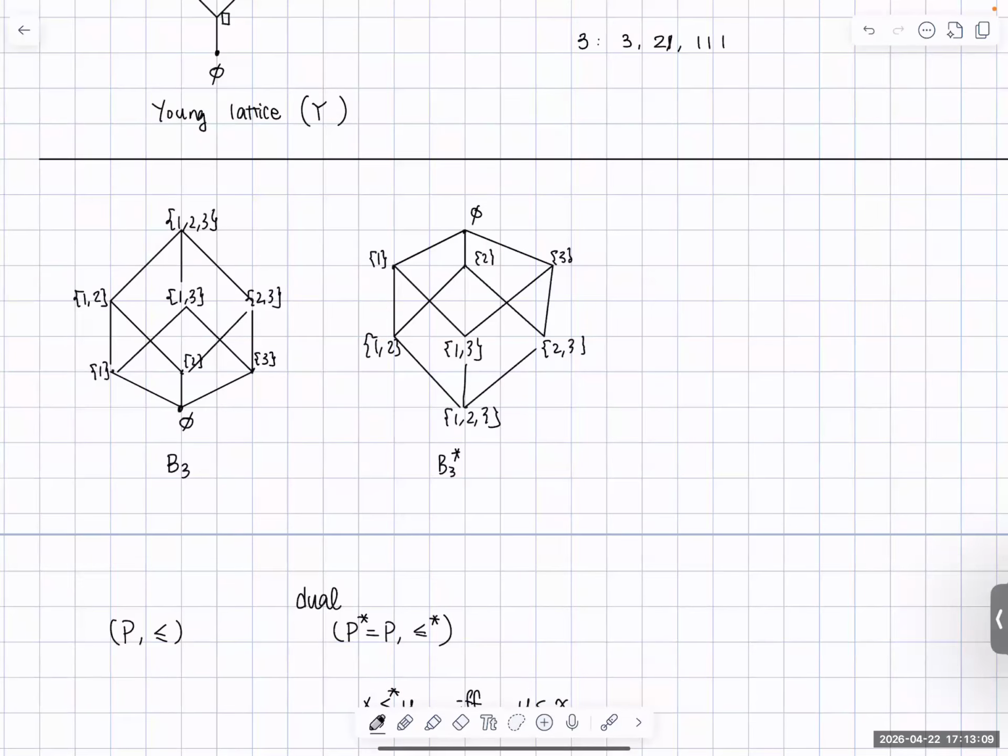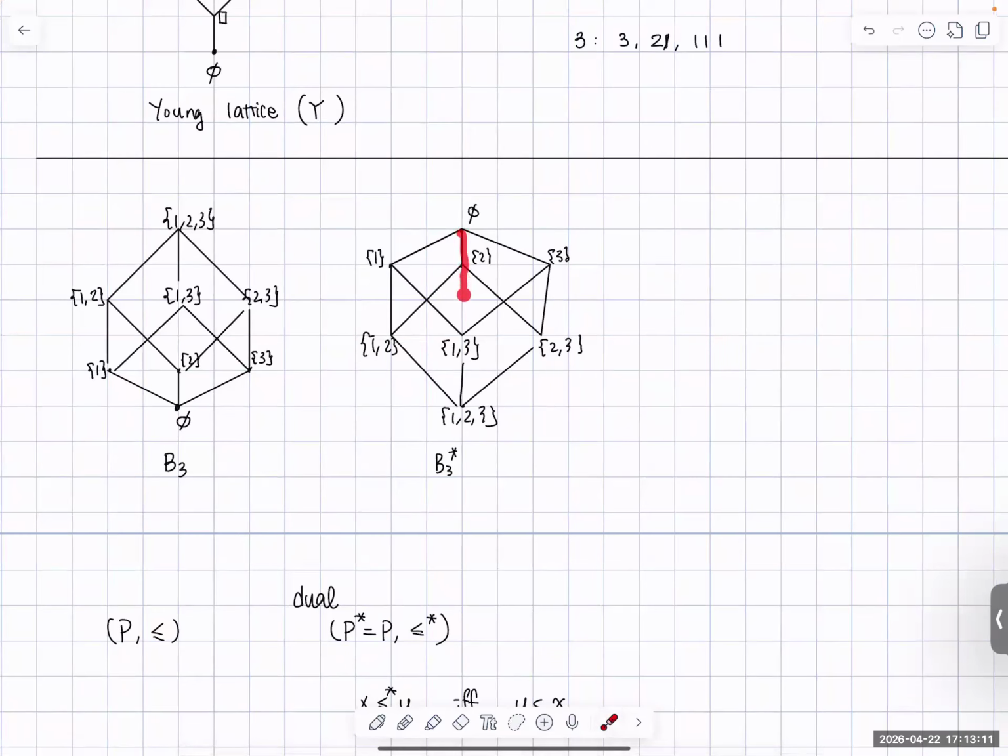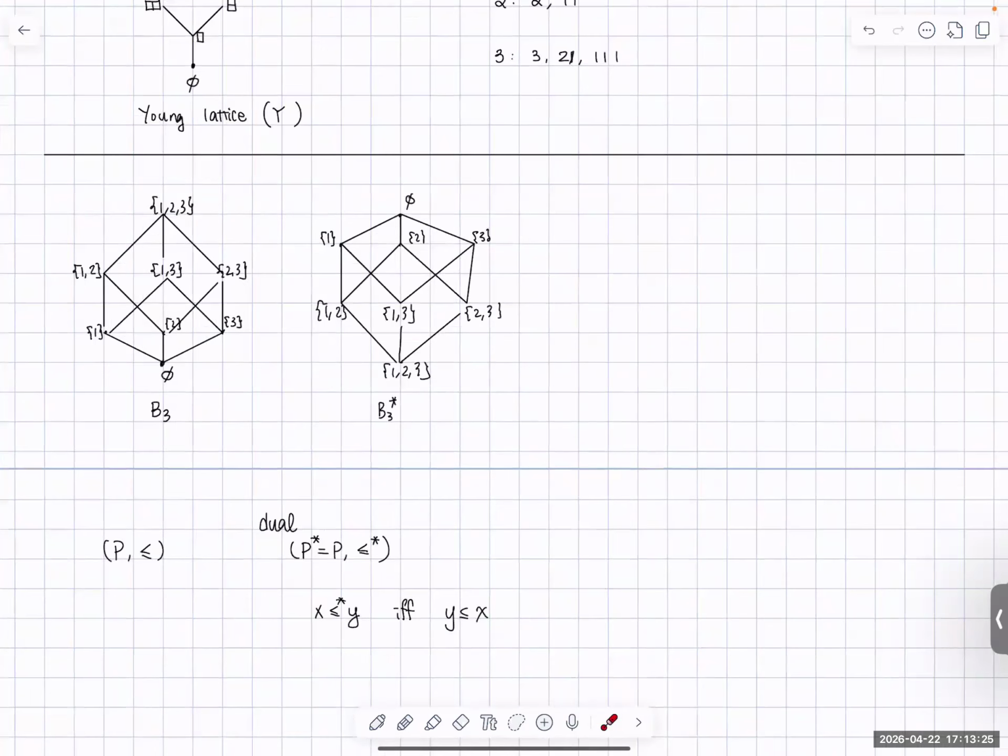They're actually the same thing. I can draw it a little bit lower, but they are the same graph. Everything is the same. For the Young lattice, it would have to be a finite one, because with the infinite one I cannot even start. So this is self-dual, right? You can see that they are exactly the same, so you can easily find a bijection that preserves the order. So B3 is self-dual.